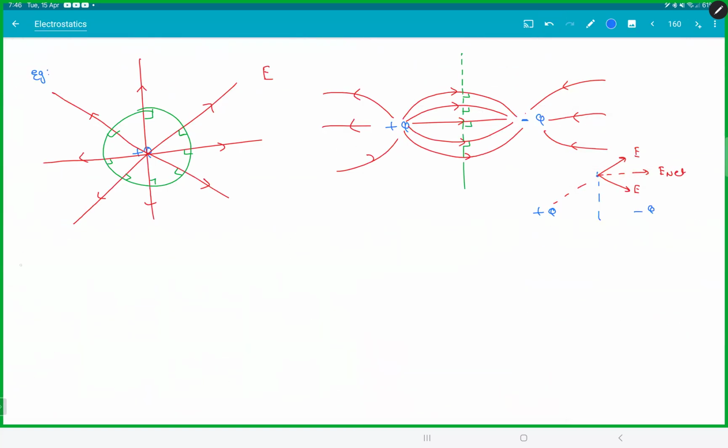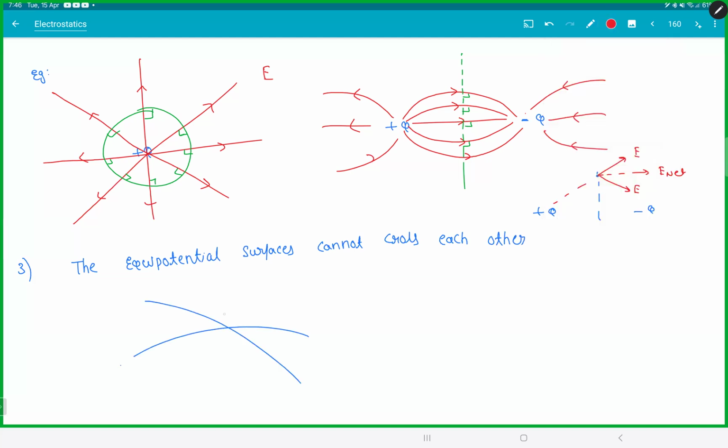So there are some examples. Third one, the equipotential surfaces cannot cross each other. Why? Same argument. At the point of intersection, you will get two directions again. Because you said the field is perpendicular. For this surface, the field is this way.